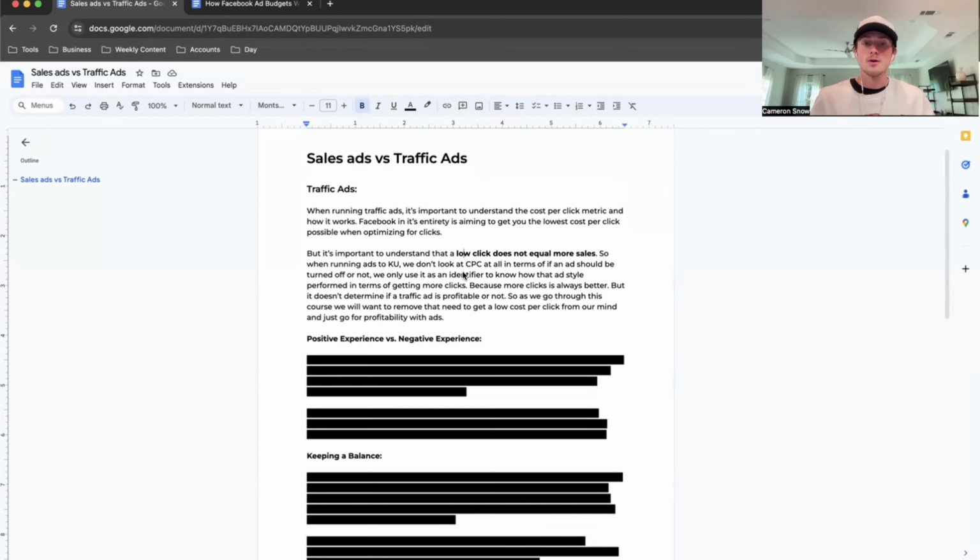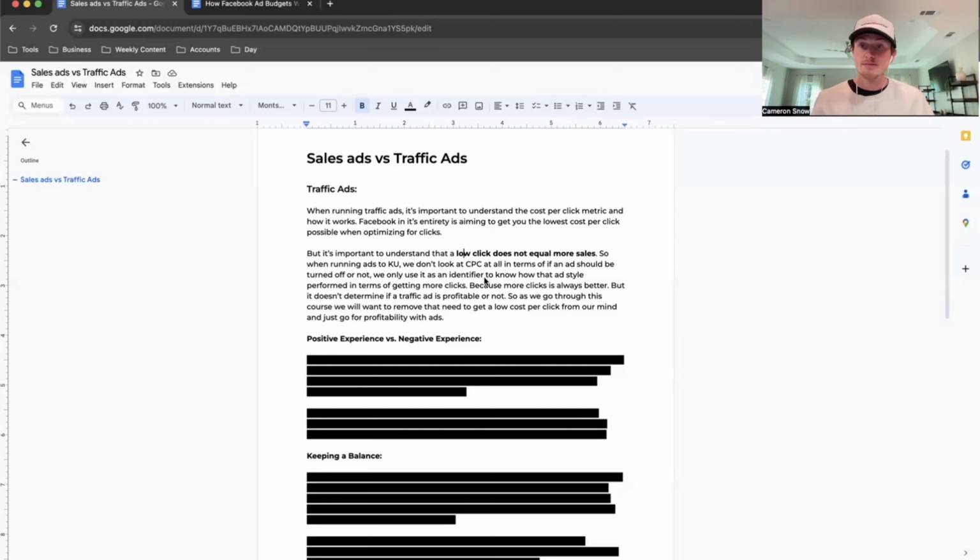So when you're running KU ads or any traffic ads to KU or possibly to your actual book on Amazon, we don't want to look at the cost per click to decide if something needs to be turned on or off, or if the budget needs to be adjusted, because it's really just telling us how many clicks that ad is getting.